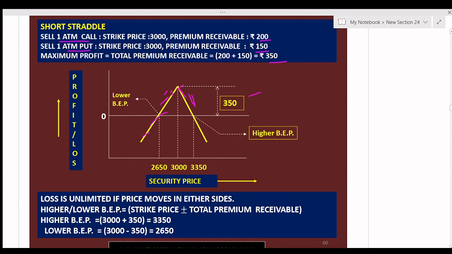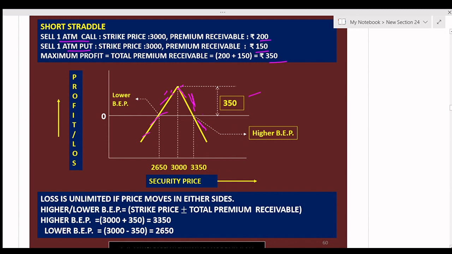Same case in the bullish side. The profit will decrease up to the point of BEP, and if it crosses the BEP, the loss starts and it will go to unlimited. The loss is unlimited if the price moves on either side. There are two break-even points.